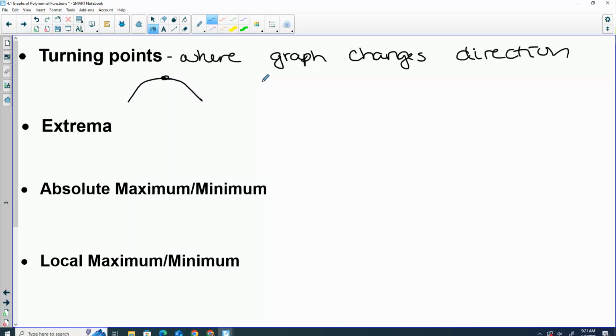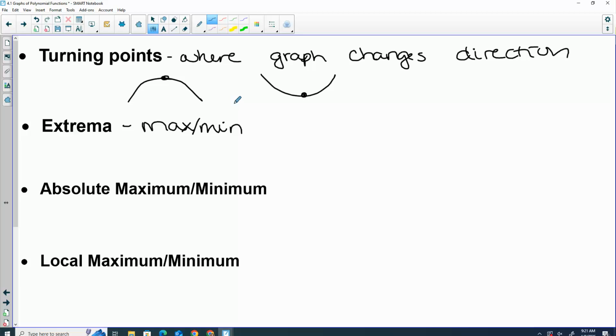This is a turning point. Or the graph could be falling and it switches to rising. That's a turning point. Those are also sometimes called extrema. Extrema just means max and min points. So when your graph changes direction, you are creating a high or low point on that graph.